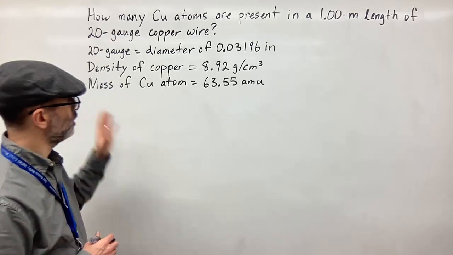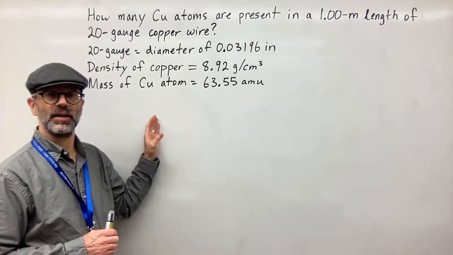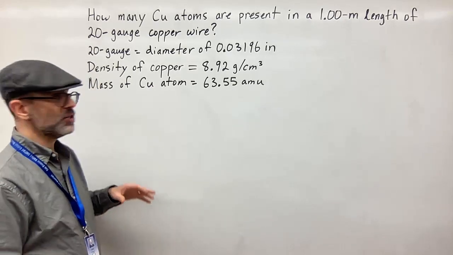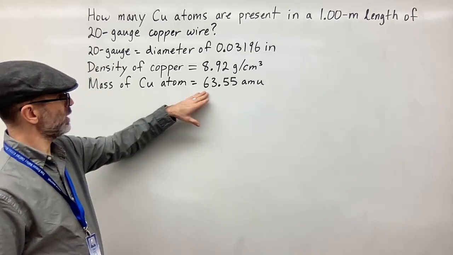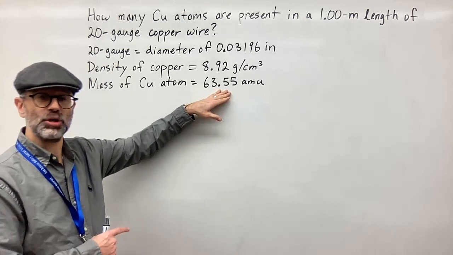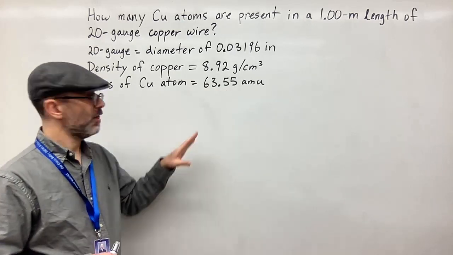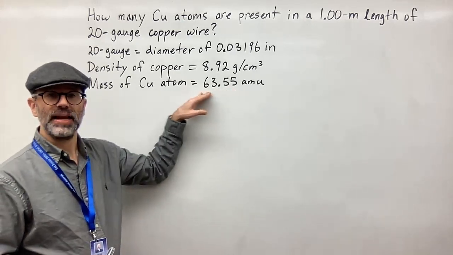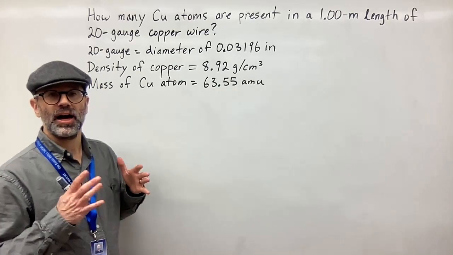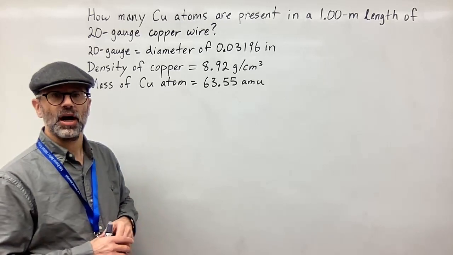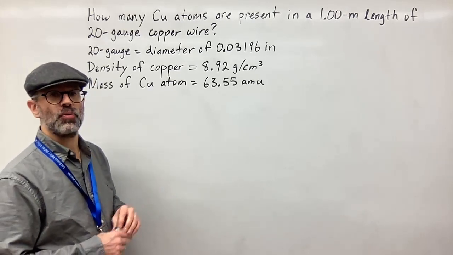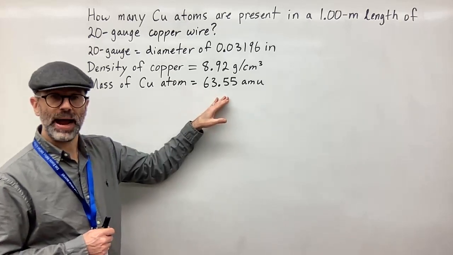Okay, so all of this information that we're given is going to help us do conversion factors. First we got the mass of one atom in AMUs, and we can remember that the mass of an atom in AMU is going to be the same number in grams of 1 mole of that substance, or 1 mole of atoms. So that's called the molar mass.